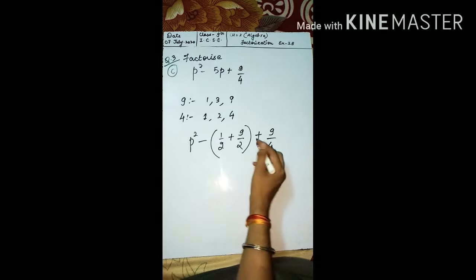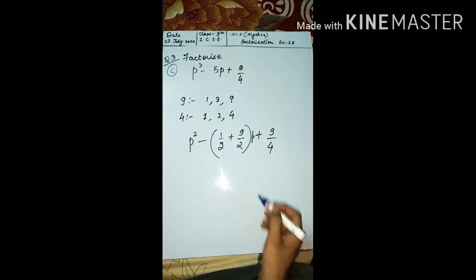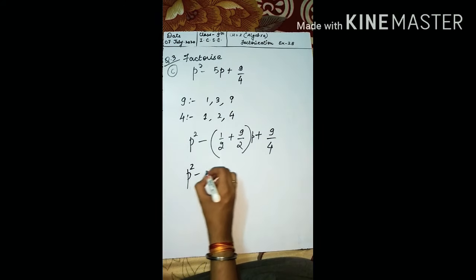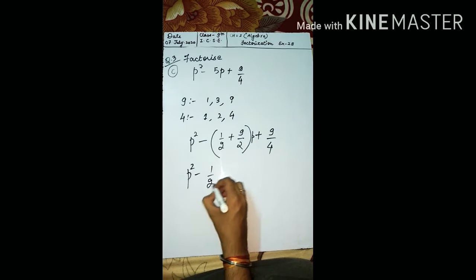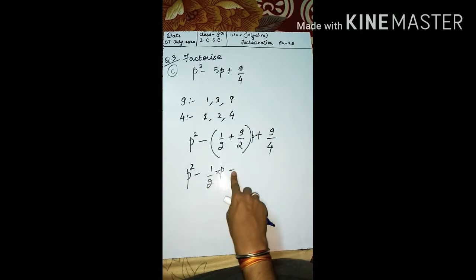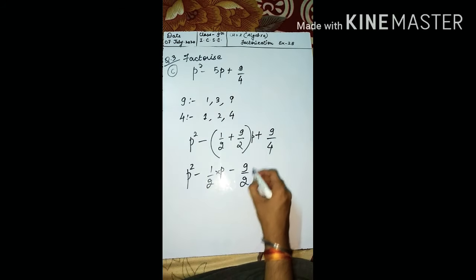Okay, p, this p is left. Now multiply this p inside, so it will be half p, and this minus plus will give you minus, so 9 by 2 p plus 9 by 4.